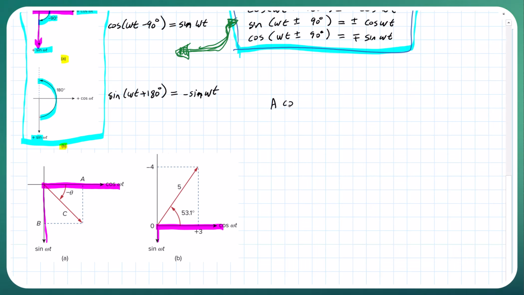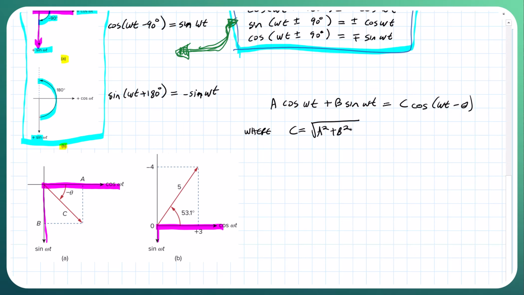You can have a cosine omega t plus b sine omega t equal to c cosine of omega t minus theta, where we can define c as the square root of a squared plus b squared, and theta is going to be tangent inverse of b over a. So essentially the Pythagorean theorem.